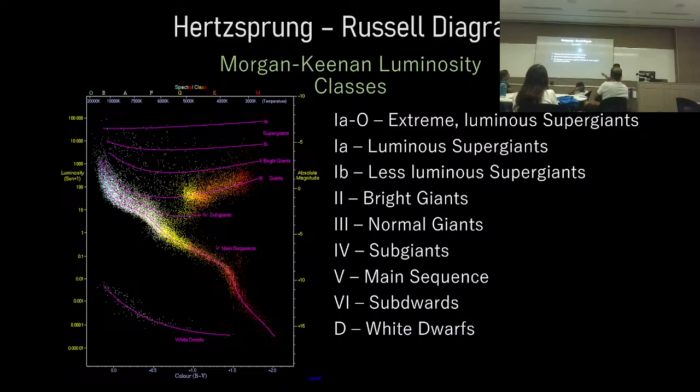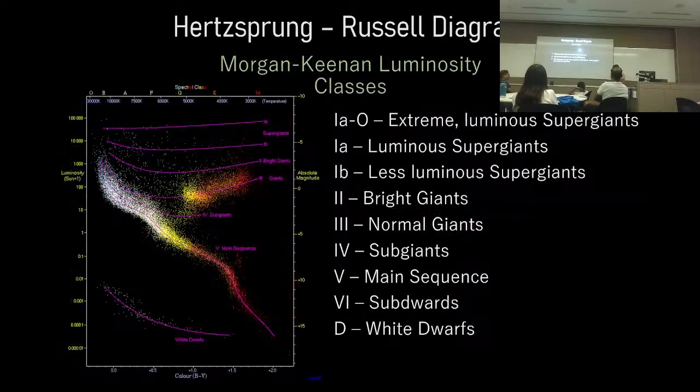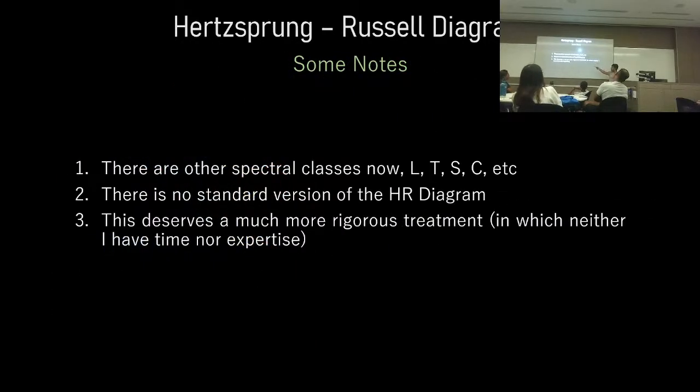There is no standard version of the HR diagram. What this means is that if you look at different sources, you'll get a slightly different plot. Maybe on the luminosity axis, instead of solar luminosity, you'll have absolute magnitude, not the luminosity. So you can edit this diagram according to your needs.